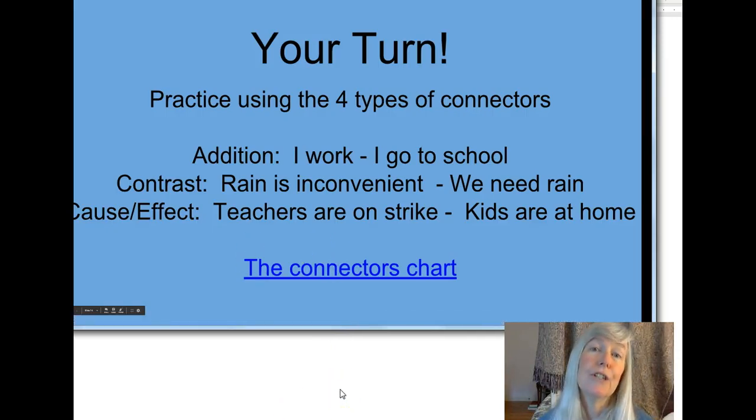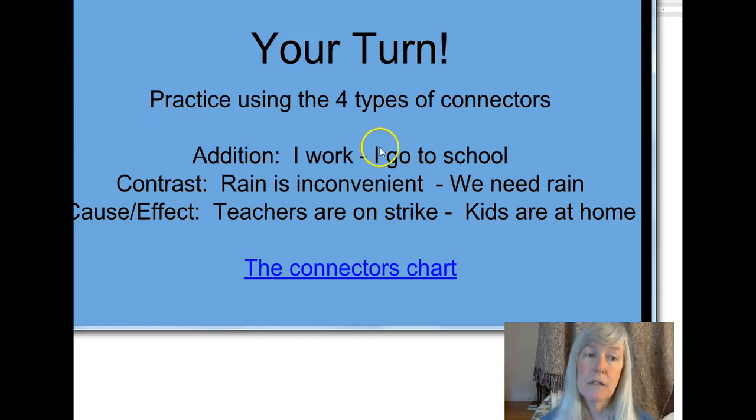So, now it's your turn. What you should do is practice using the four different types of connectors: the FANBOYS, the subordinate conjunctions, conjunctive adverbs, and prepositional phrases to express addition, contrast, and cause and effect.